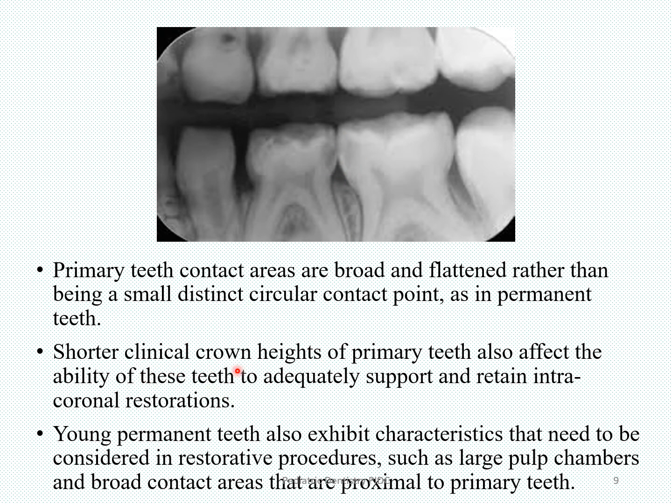Then the shorter clinical crown lengths of primary teeth also affect the ability of these teeth to adequately support and retain intracoronal restorations. Intracoronal restorations are restorations which are placed inside the crown. Now if you see the clinical height of this and the height of the permanent crown, because they're so small, it's very difficult, particularly when people were trying to do amalgam restorations, to get that resistance form, to get that depth into the dentine.